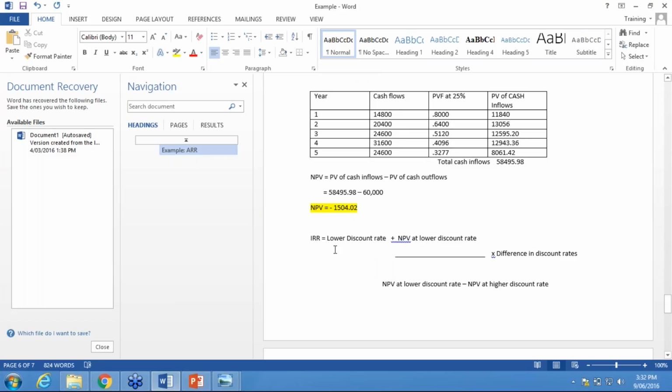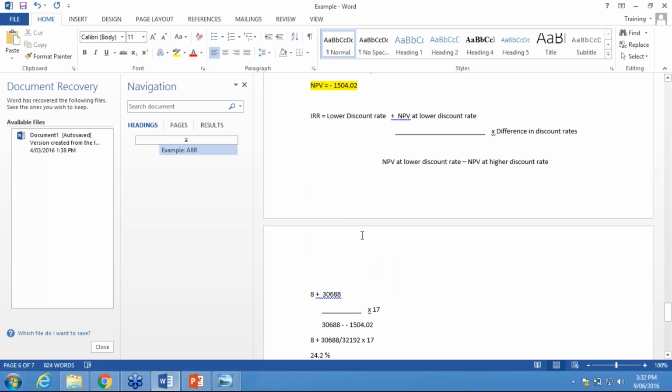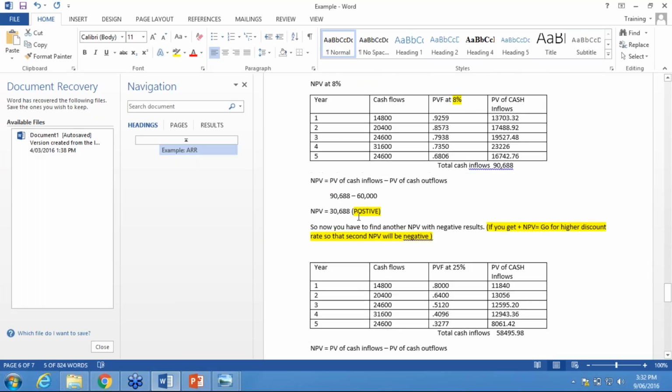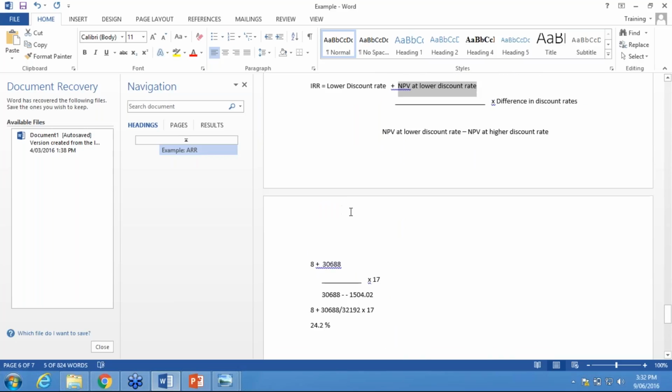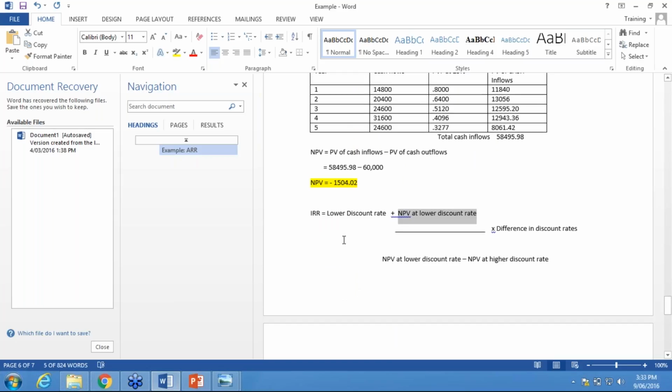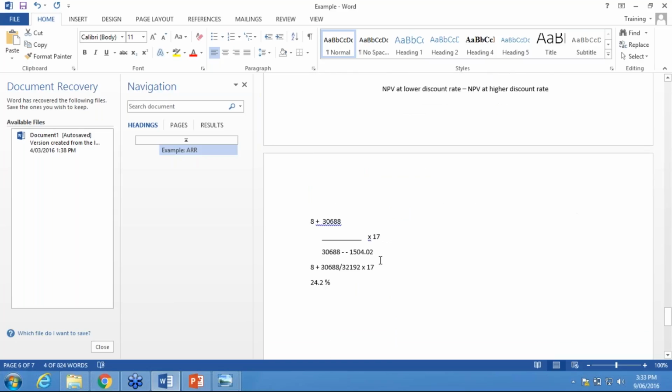Now if you look here, the formula uses the lower discount rate, that is 8%, as the lower one. NPV at lower was 30,688, so 30,688 divided by NPV at lower minus NPV at higher. At higher, it was negative.